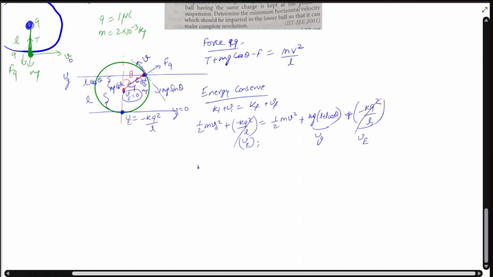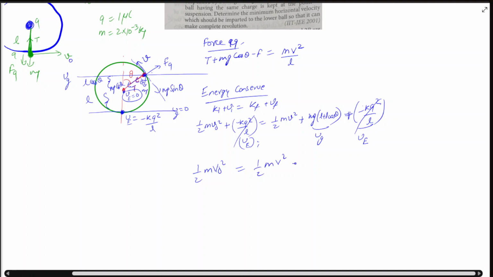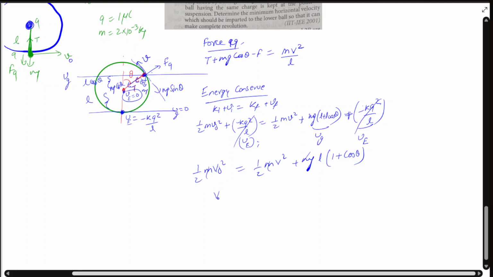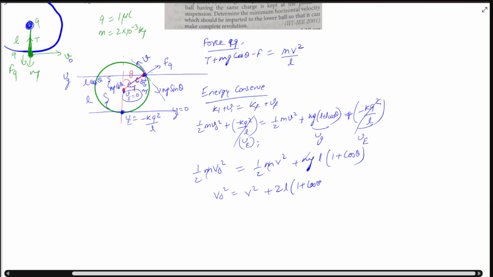So we will have half m v naught square is equal to half m v square plus m g L. We can take it as common, 1 plus cos theta. Perfect. m will get cancelled out and 2 we can cross multiply. So v naught square will be v square plus 2gL(1 plus cos theta).